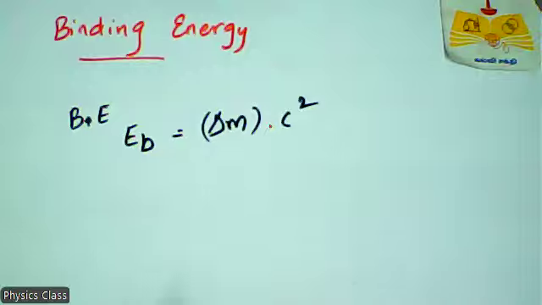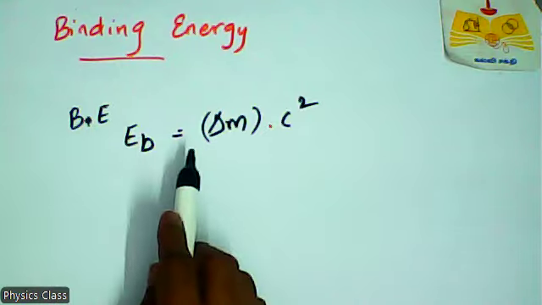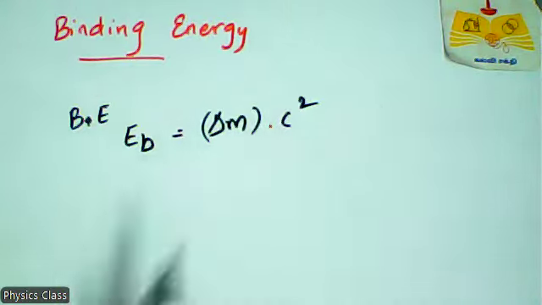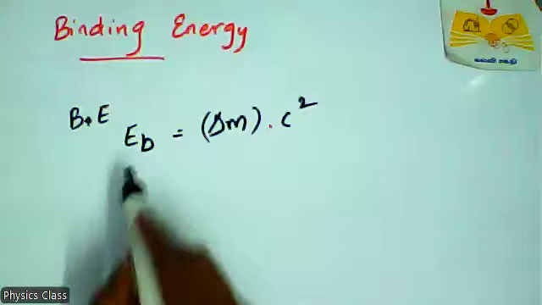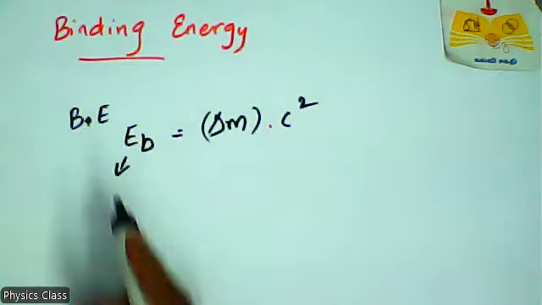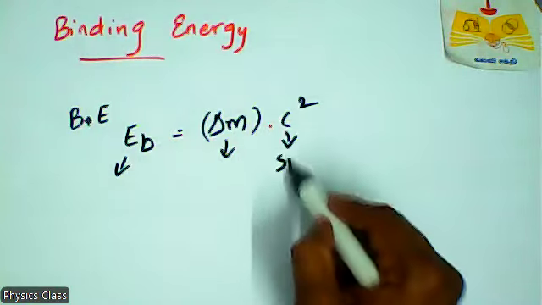Very simple. Binding energy is directly related to the mass defect through the Einstein equation. So here, B.E. means binding energy, this is the mass defect, and this is the speed of light.